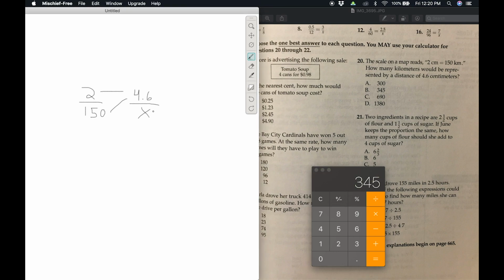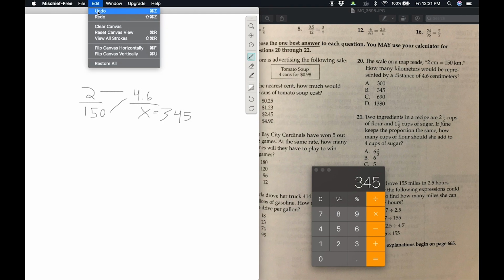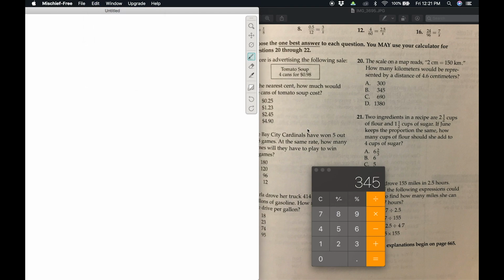So x equals 345. Okay, 4.6 centimeters on the map equals 345 miles. Okay, now which number are we on? We are on number 21.